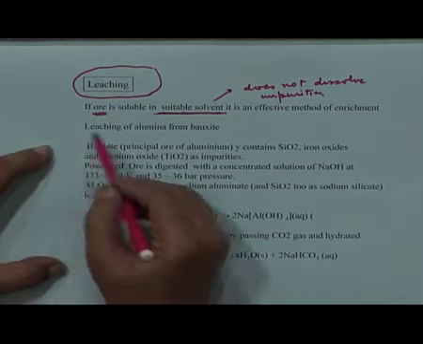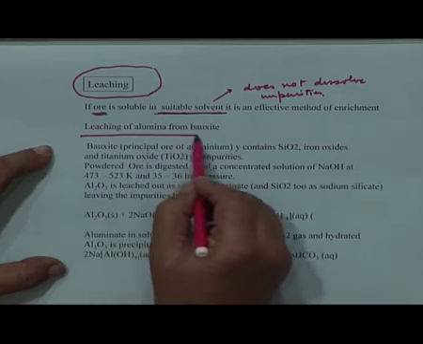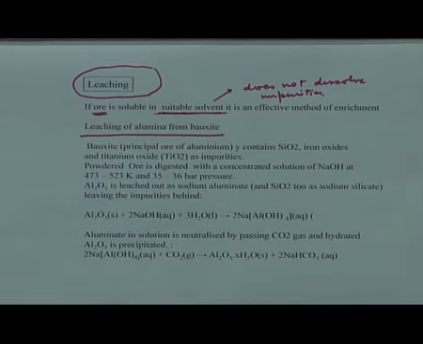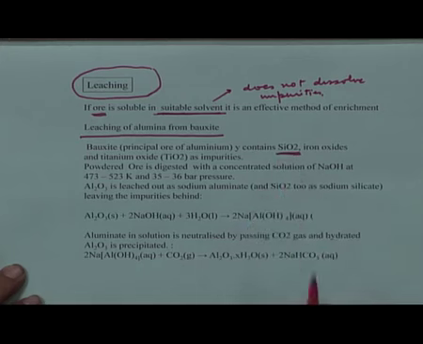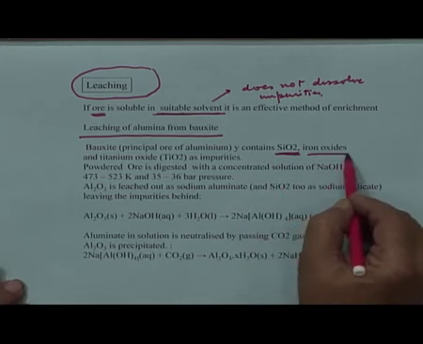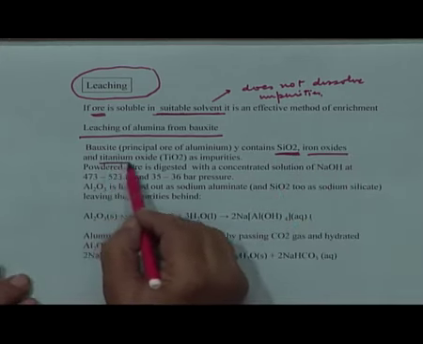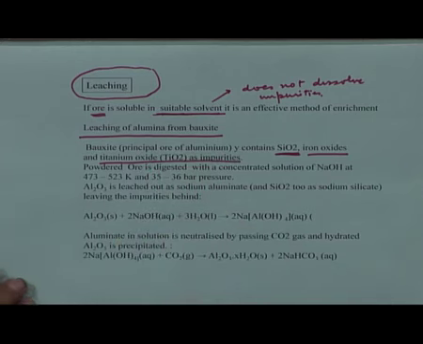The example of this is leaching of alumina from bauxite. The bauxite ore, which is known for alumina, has the impurity of SiO2, silica, iron oxides, titanium oxides, right.